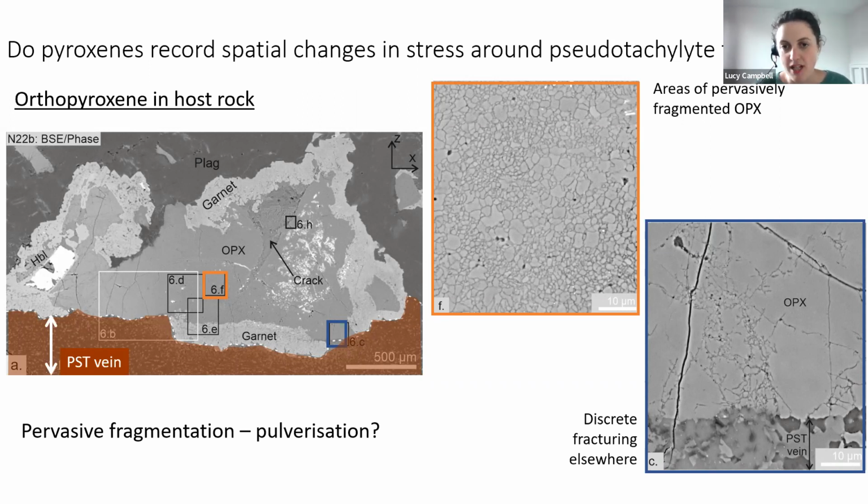There's some evidence of grain growth, where we have triple junctions and some preferred growth orientation close to the vein, but there's not much evidence of shear between these fragments, and so it brings to mind a pulverization type process. This has been linked in other studies looking at lower crustal pseudotachylites. They've also seen similar fragmentation in other minerals as well.